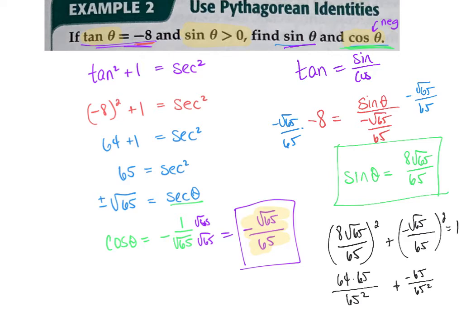And if you look, if I canceled this, well, that's going to be positive because I squared it, but these are going to cancel. 1 over your 65 will cancel. So I get 64 over 65 plus 1 over 65 equals 1, which is true. So anytime you have sine and cosine, you can actually check it and make sure.